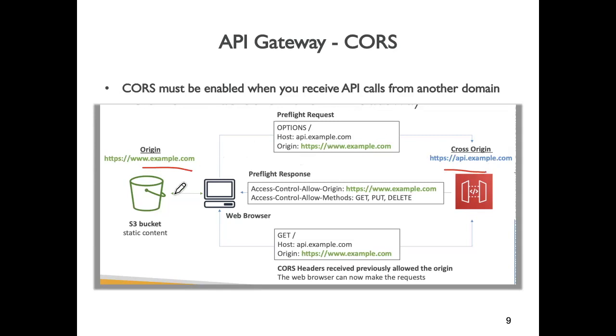That means if our client wants to communicate with this web API, then we need to indicate whether the web API will actually respond to this client, seeing as the client is of a different domain to itself. The way we do that is we configure the CORS setting for the web API. We know how CORS works.